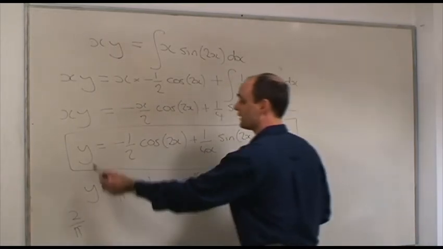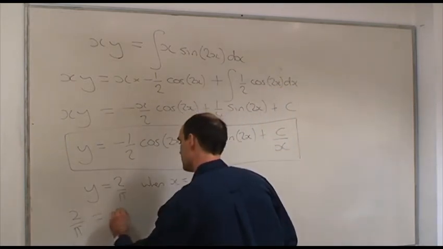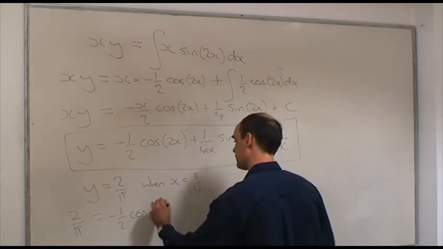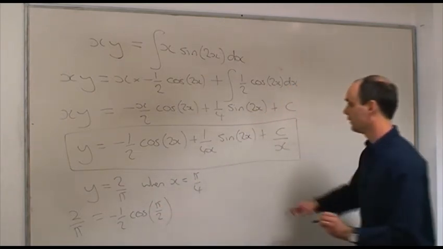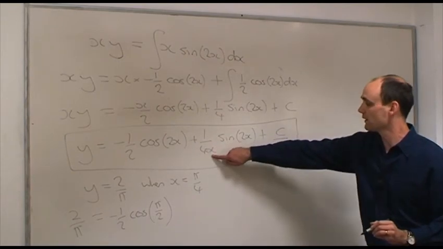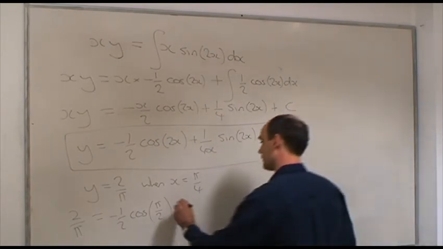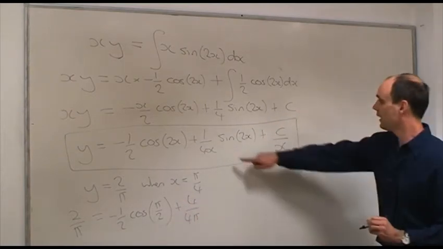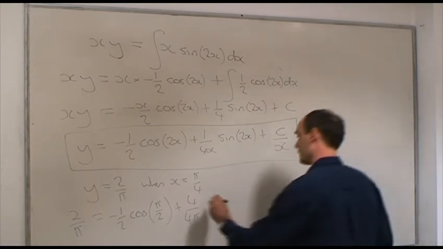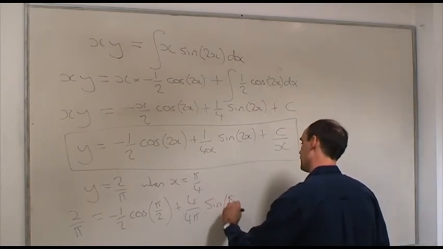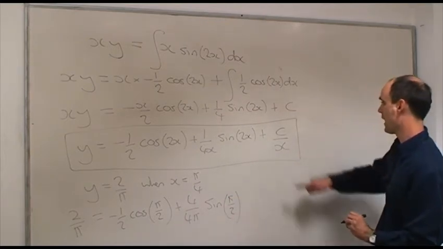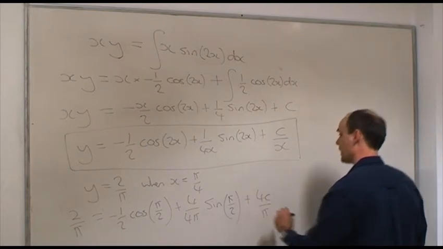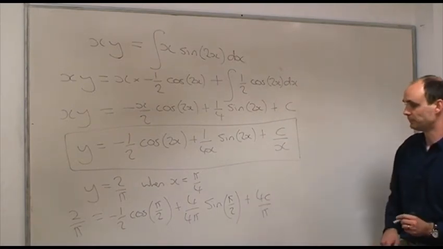So the left-hand side, y is equal to 2 over pi, and that's equal to minus a half times the cosine of 2x. 2x is going to be pi by 2, and 1 over 4x, x is pi by 4, so this is going to give us plus 4 over 4 pi here, and sine of 2x is going to be the sine of pi by 2, and plus c over x is plus 4c over pi, because x is equal to pi by 4.